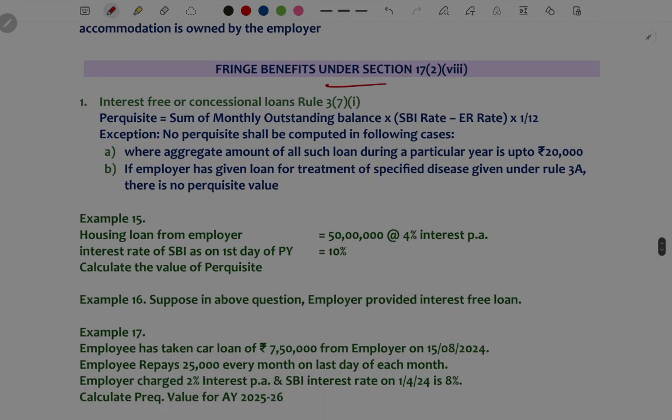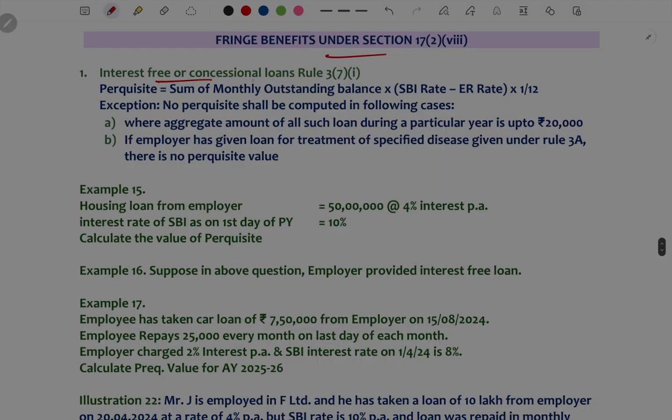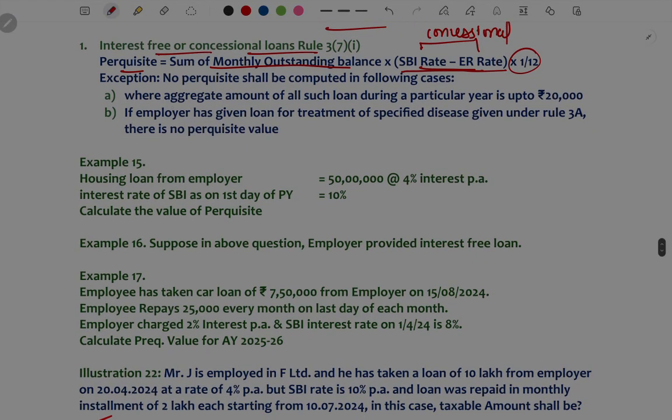Fringe benefits. If your employer is giving interest-free or concessional loans, then the perquisite will be the sum of the outstanding balance times the SBI rate, mainly the SBI rate we consider, minus the employer rate, into 1 by 12. So this will give your concessional rate, where the aggregate amount of all such loans is up to 20,000.